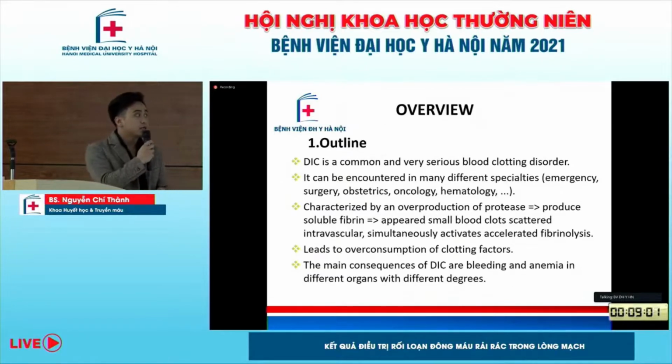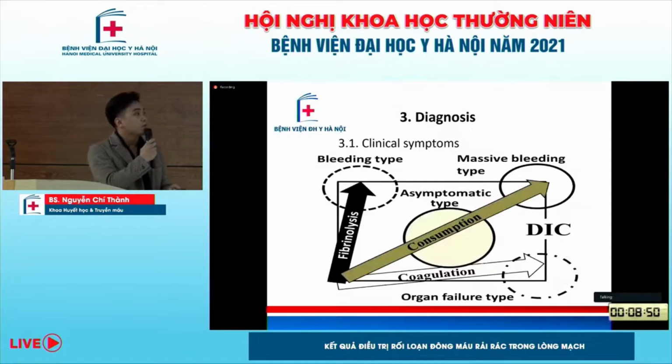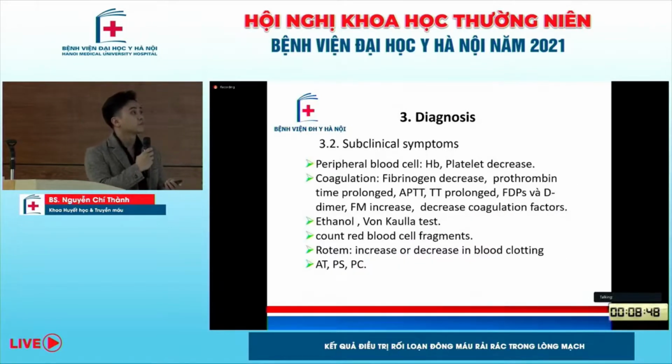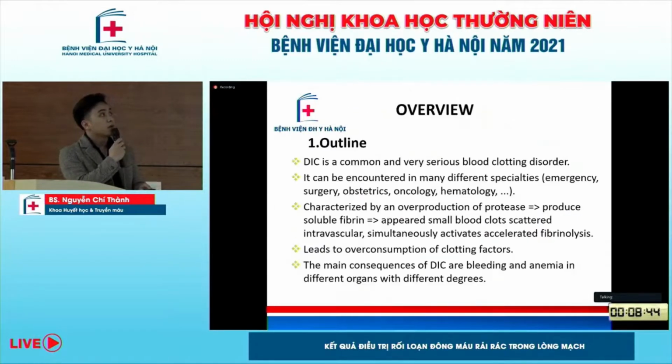DIC is characterized by an overproduction of protease, and it can produce soluble fibrin.